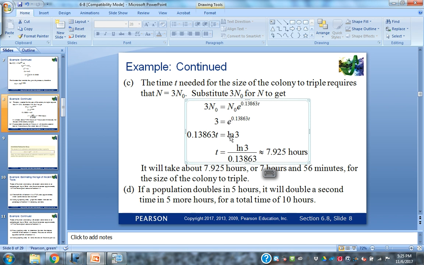Natural log of both sides to get rid of the e. That gets you this stuff. And then divide to get t. And you get a time. The key that's going to get you here is that the time is in hours. And that goes back to the original problem. They've got to tell you what time is in. Sometimes time's in hours. Sometimes it's in minutes. Sometimes it'll be in days.